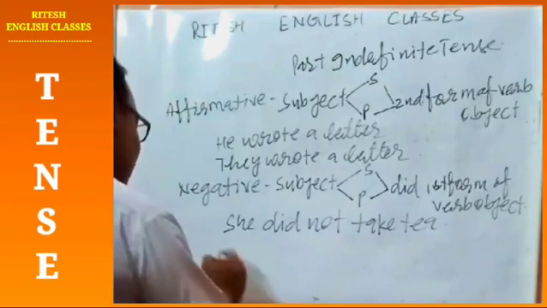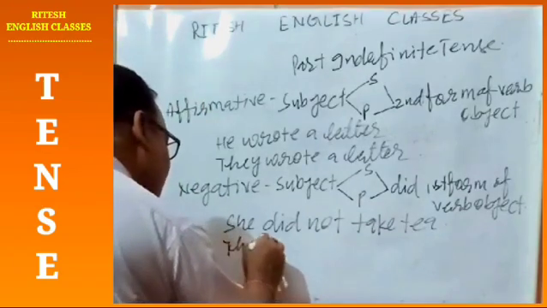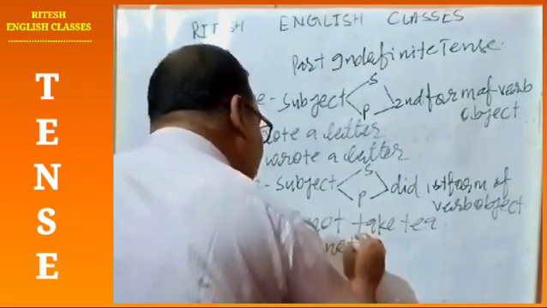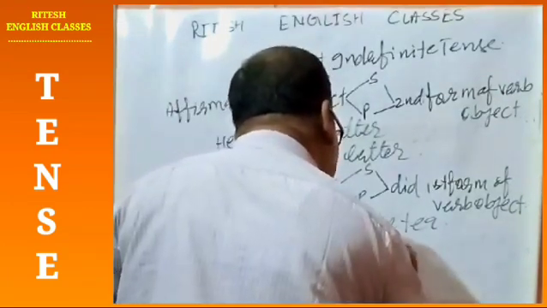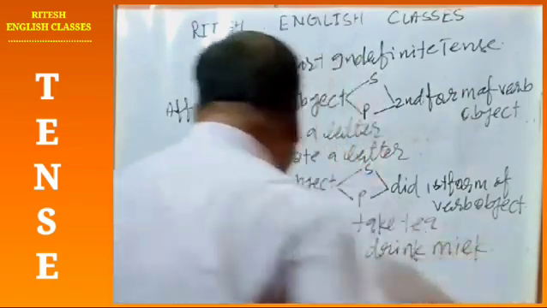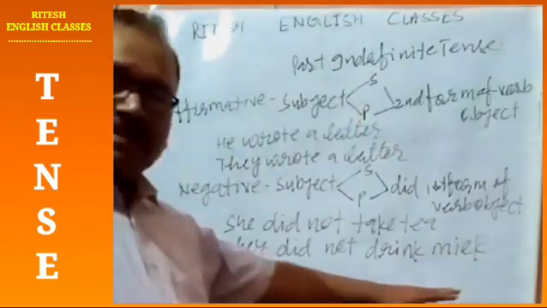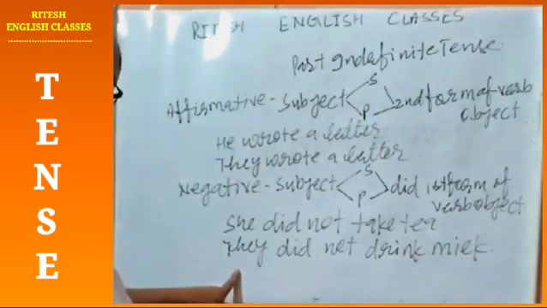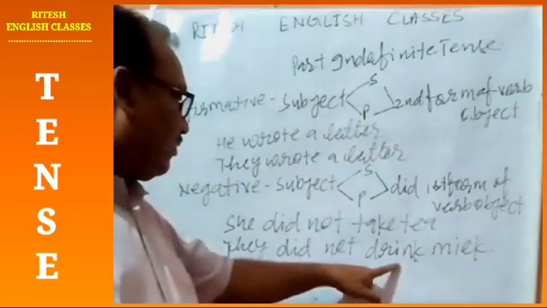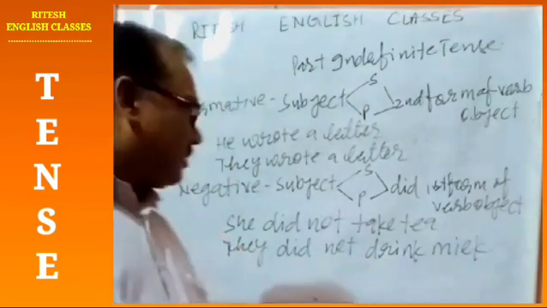And what will you write? They did not drink milk. They did not drink milk. They is plural, and did will be the helping verb, not, and the first form of the verb, and again object.